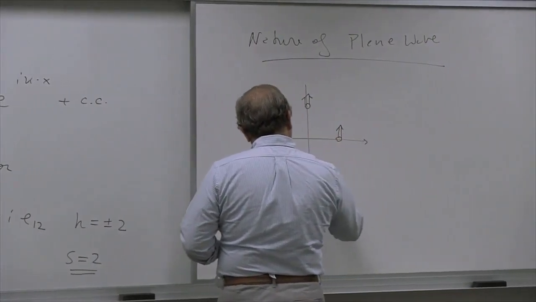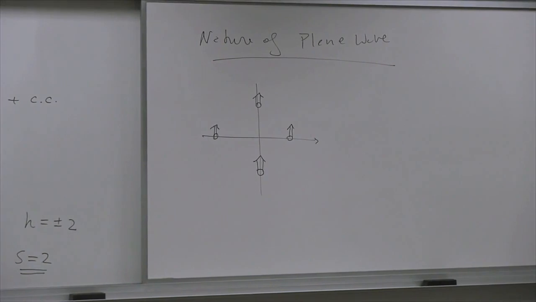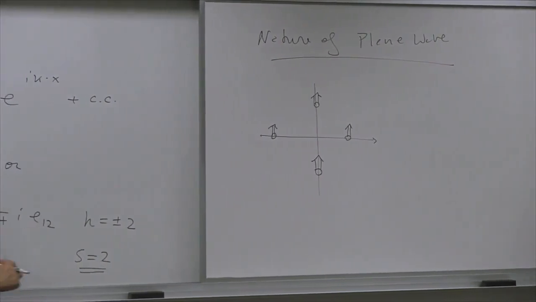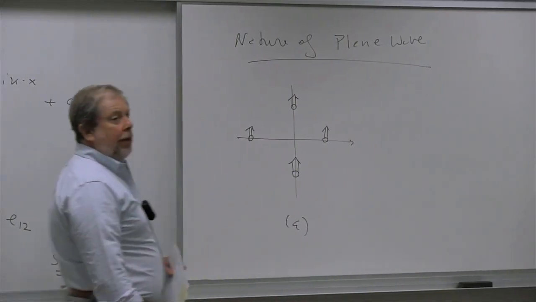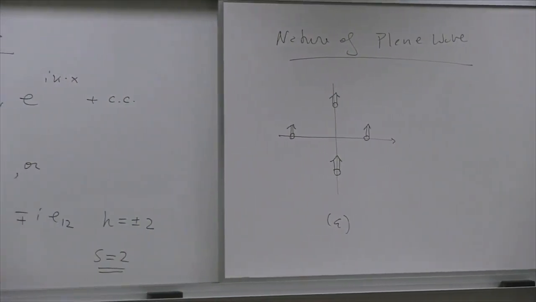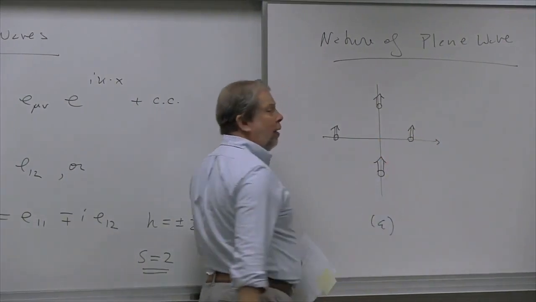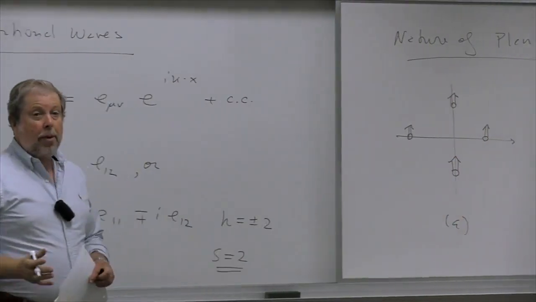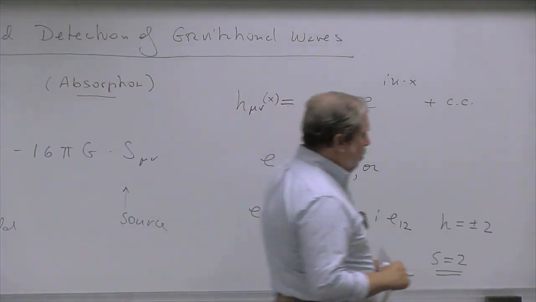So in that case, we have polarization vectors that point up for the first type of polarization, which we denote by A, right? And then you can have, for a wave that is traveling into the blackboard, right? So the wave is going this way, and this is the plane perpendicular to it. Electromagnetic waves are transverse.